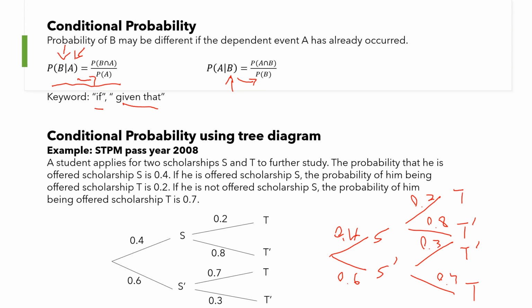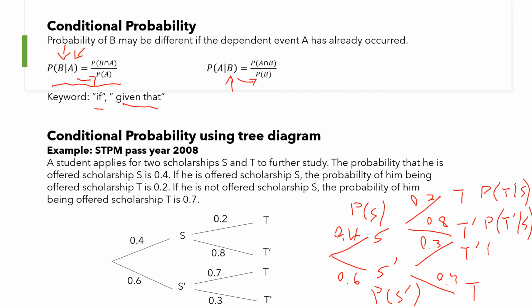So this shows the conditional probability. This is probability S, and this is probability not S. And here will be the conditional probability: the probability that he gets T, on the condition that he already got S. This is the probability he didn't get T, on the condition he got S. S already happened, yeah?